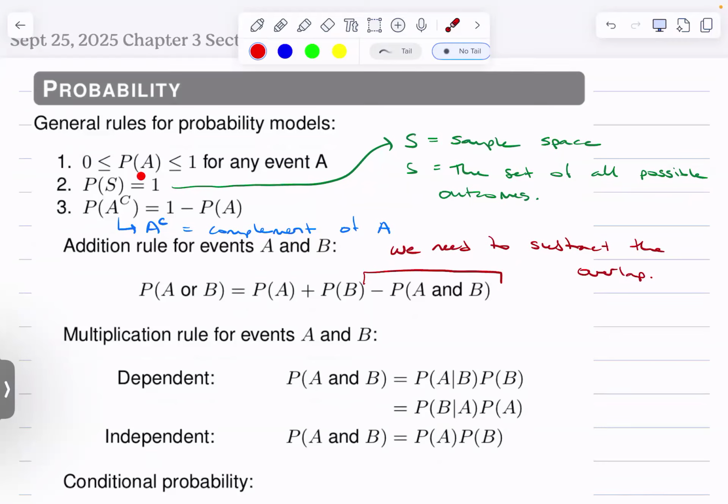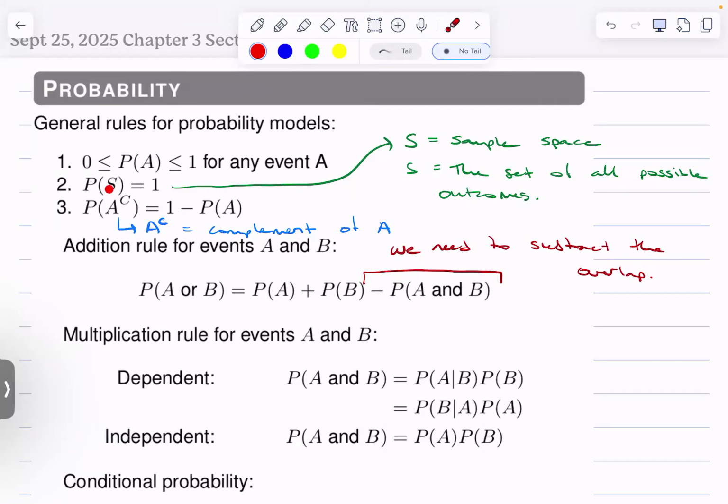Probabilities have to be between 0 and 1. It's the most important part, right? And then we've got our sample space. Our sample space is the set of all possible outcomes. We have to consider all possible outcomes. That also helps us determine what the probability will be usually, if it's not given.